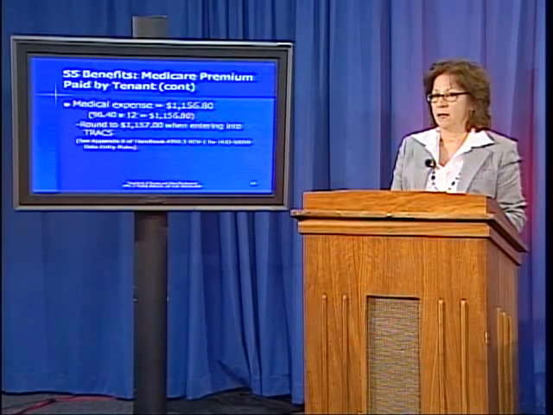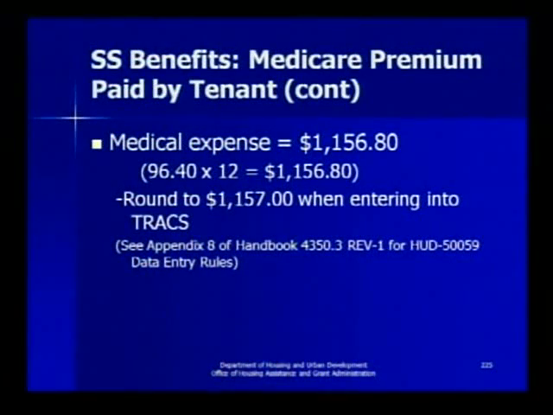And here again, just to recap, what you would be including as a medical expense for a tenant paying the medical premiums is you would annualize that monthly amount shown in the income report of $96.40 in this case, multiply it by 12, and that's how you're going to get your annualized medical expense for the premiums for Social Security. That goes on the 50059, of course, and gets transmitted through TRACS.